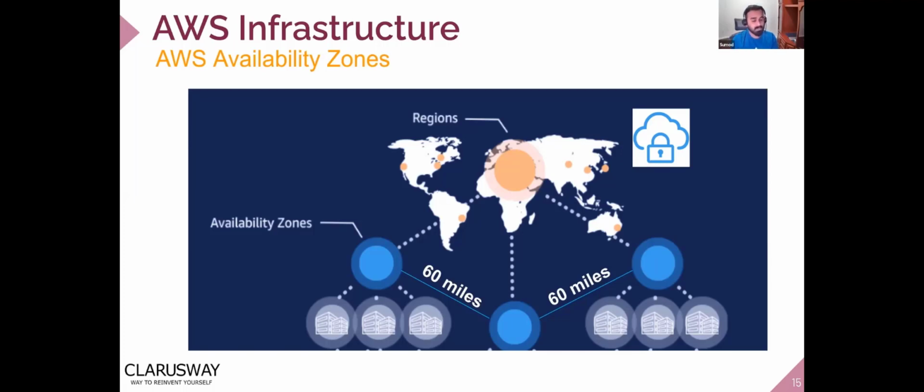There might be damage caused to that infrastructure, due to natural calamities, network problems, power outages, anything. We can't define it. So they won't have availability zones within nearby range. So the condition is that it should be 60 miles apart from each availability zone.